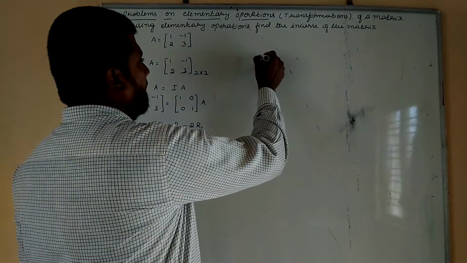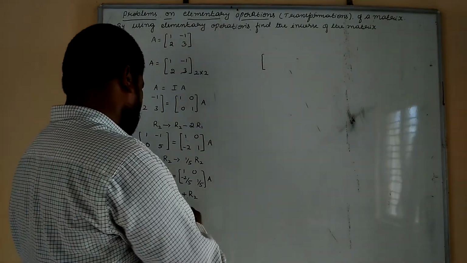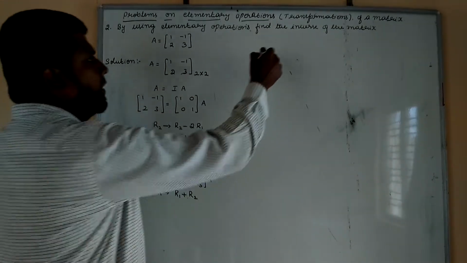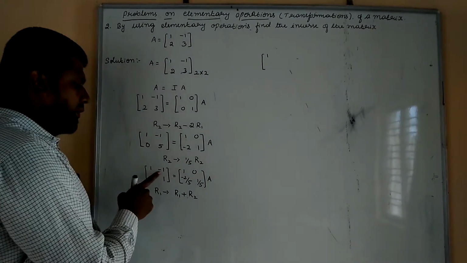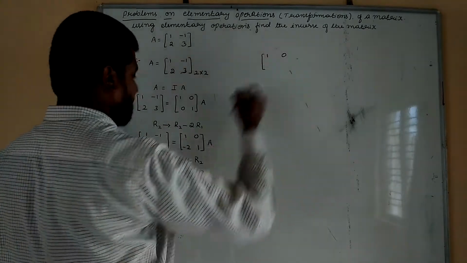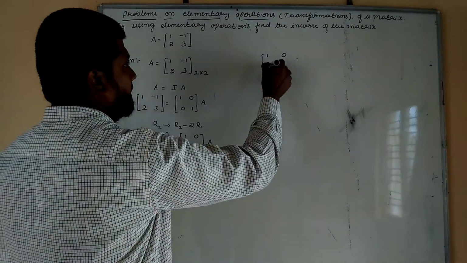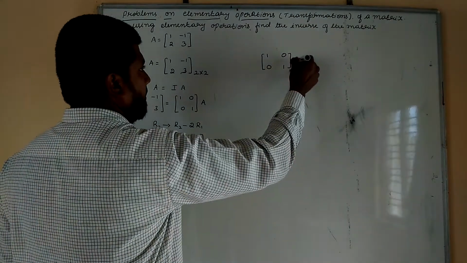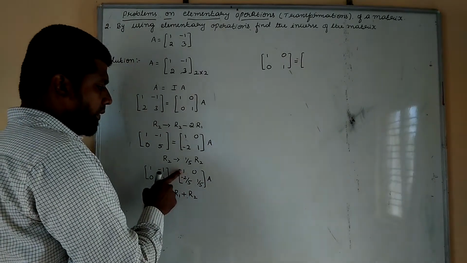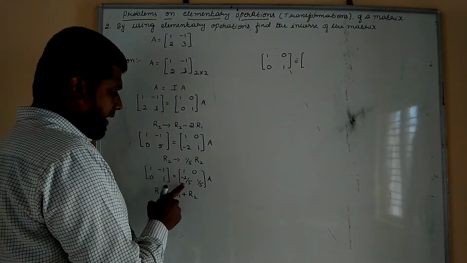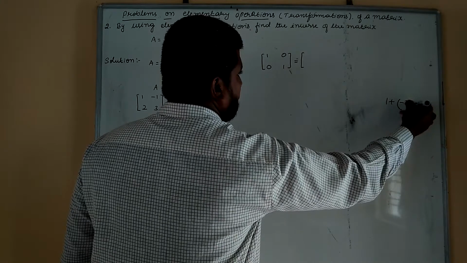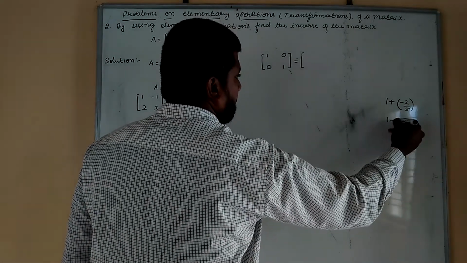You write R1 changes to R1 plus R2. We are changing R1, so 1 plus 0 is 1 only. Then minus 1 plus 1 is 0. Then write the second row the same, 0, 1. So we are changing the first row: 1 plus minus 1.